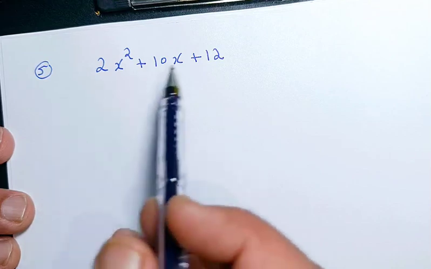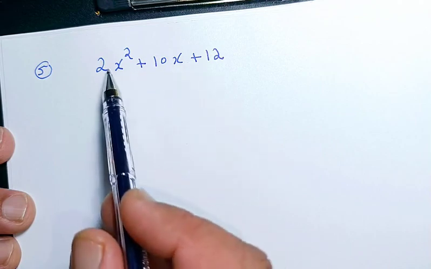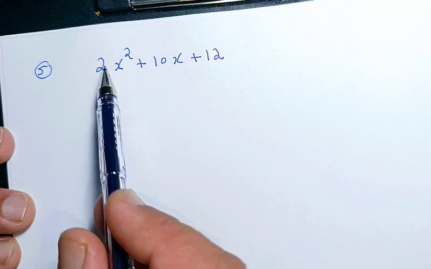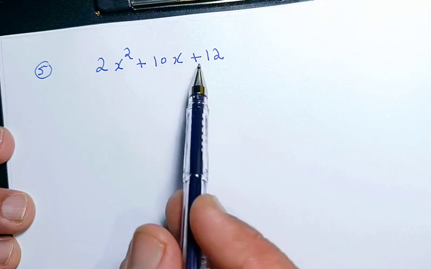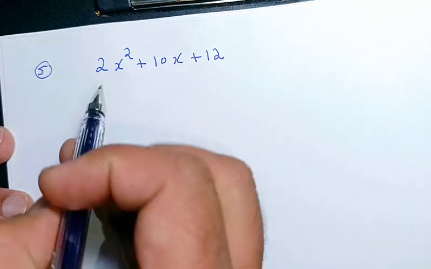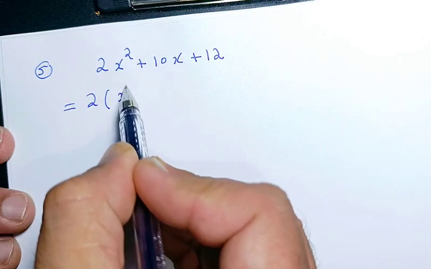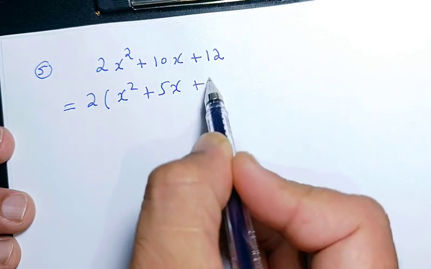We can see yes, there is a common factor 2, because the leading coefficient is 2. Now we need to see, can 10 divide by 2? Yes. Can 12 divide by 2? Yes. So 2 is my common factor, and we have x squared plus 5x plus 6.